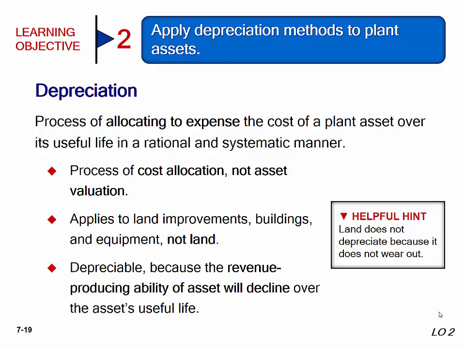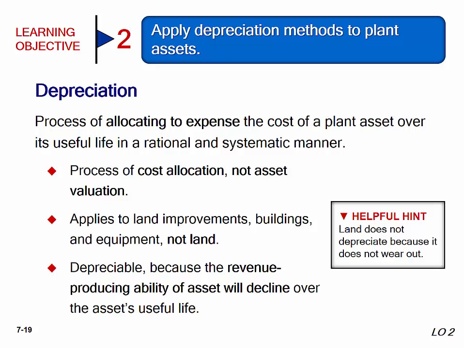We will be calculating depreciation against assets that are land improvements, buildings, and equipment. I mentioned to you in a prior video that we will not be depreciating land. And think about the fact that these are depreciable assets, because if you really think about what happens with land improvements, buildings, and equipment, their revenue producing ability will decline over the asset's useful life.